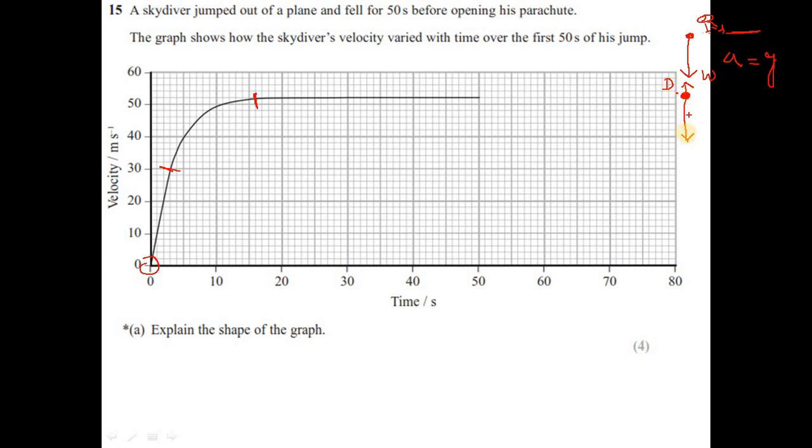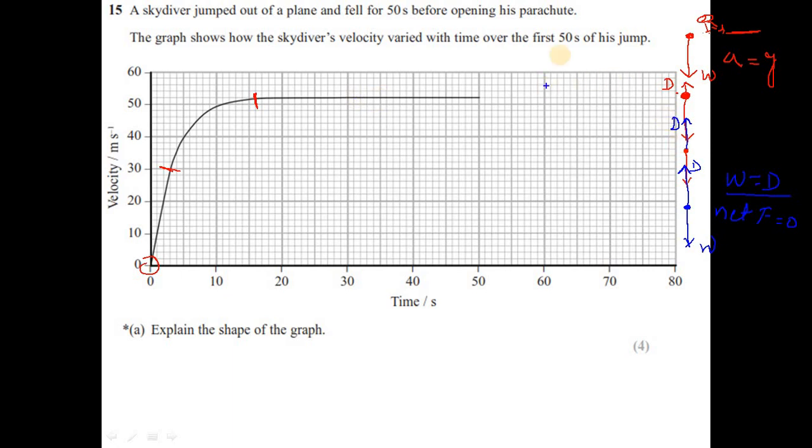So as the diver keeps falling down, the drag force keeps increasing, and somewhere when drag and the weight become equal, W is equal to D. This is the time where all forces acting on the diver are balanced, and the net force or resultant force is zero, and the diver keeps falling down with a constant velocity, and this is the third region.